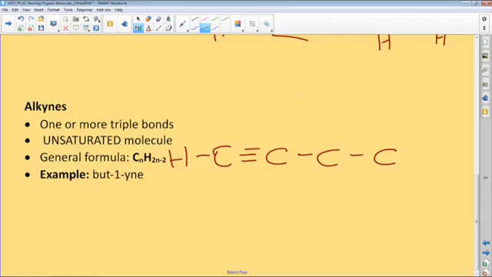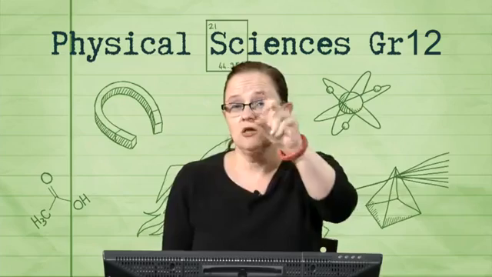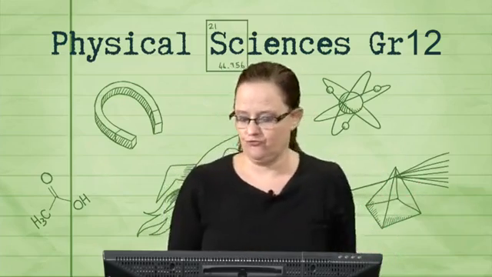It really should be here, nice and neat, or as neat as you can do it. Sometimes I'm not that neat. So there we go, we've got our triple bond. It is an unsaturated hydrocarbon because it's got a triple bond between the carbons. The general formula is CnH2n-2, which means to work out how many hydrogens I have, I take the number of carbons, multiply by 2, and then minus 2 from that.